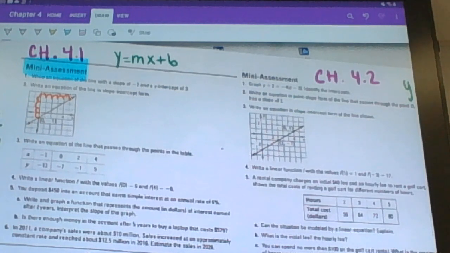The negative is hard to see. So the equation for number 2 is y equals 4/5 x minus 1. Anybody get it right? Okay. Oh, yeah. You did too?